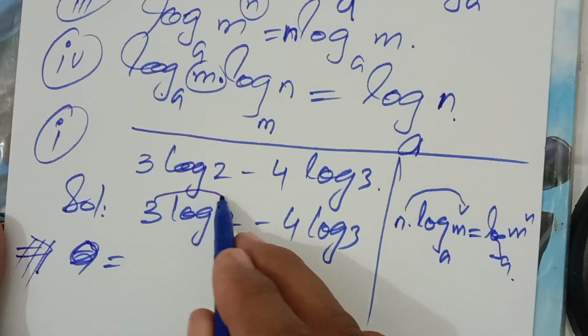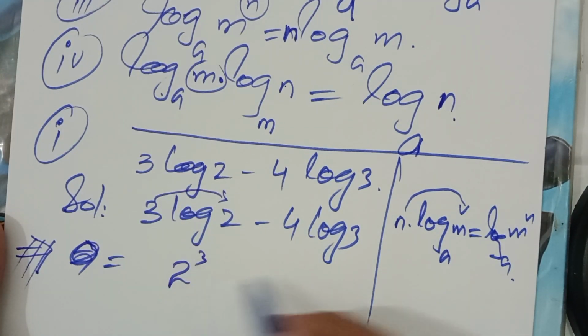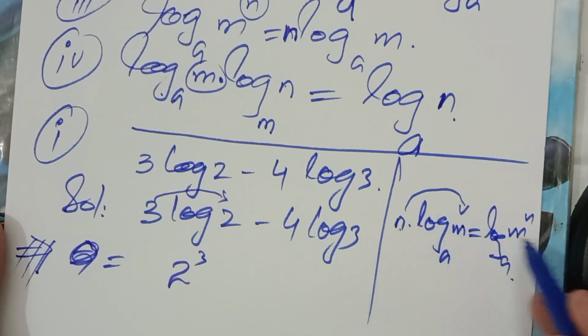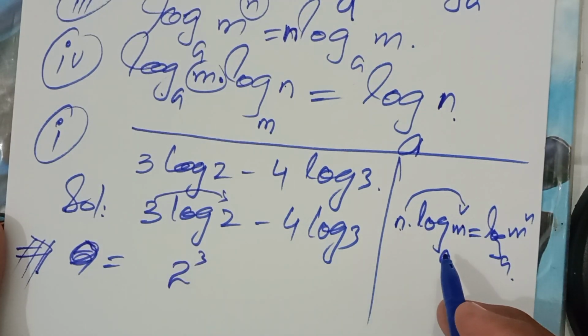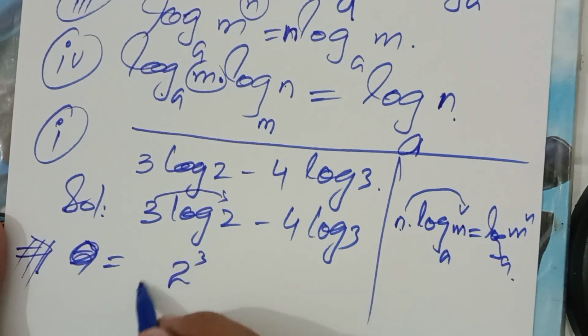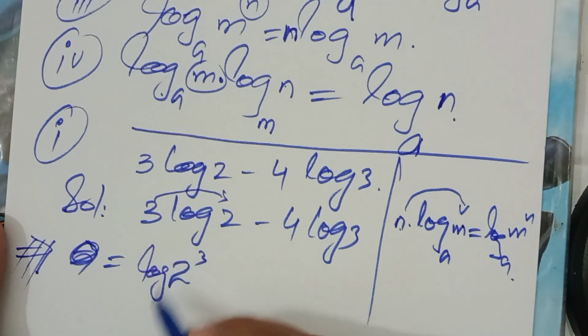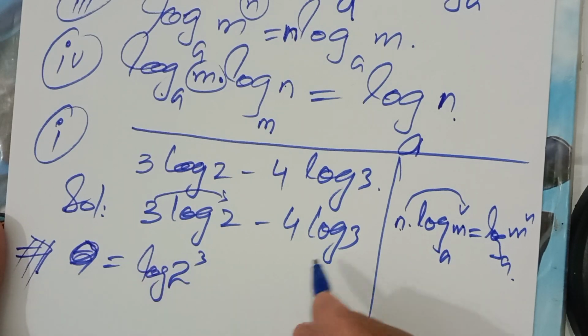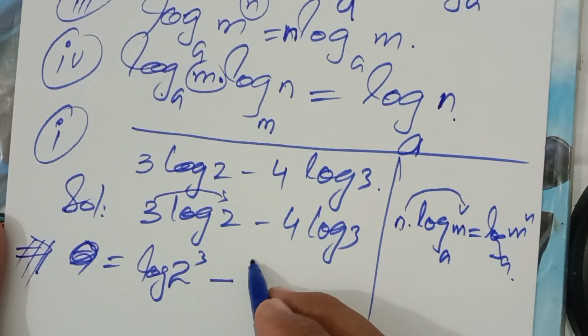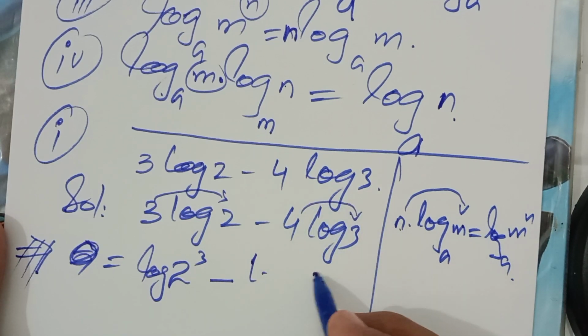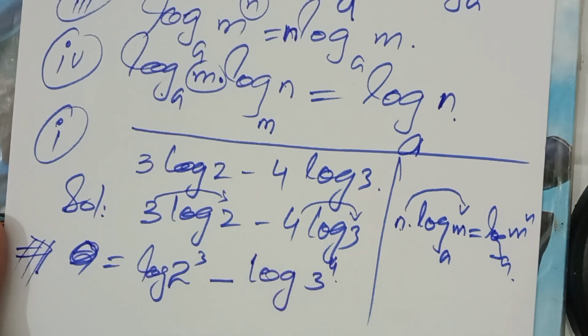So first of all, 2 raised to power 3, like m raised to power n, by using the third rule, and log with base a, or whatever base is given; if not given, then it will be 10. Minus log 3 raised to power 4.